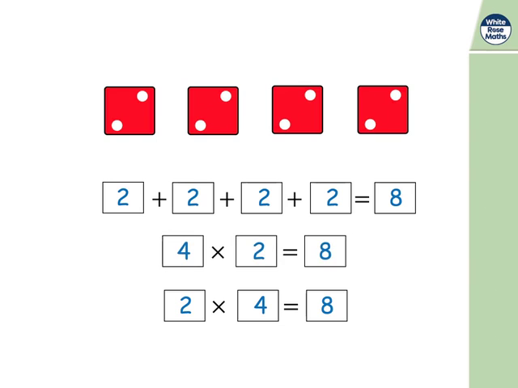So 4 times 2 is equal to 8, 4 groups of 2, or 2 4 times is also 8. This would be really helpful later on, because if we're really good at counting in twos, we can think of it as 4 groups of 2, and if we're really good at counting in fours, we could think of it as 2 groups of 4, and always getting the same answer.